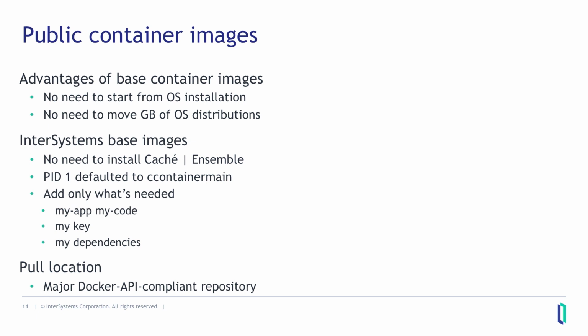It does a number of other things, which I'll cover in a minute. You only add what's needed: your application code, your key, your dependencies. And again, the pull location is going to be a major Docker API compliant repository.